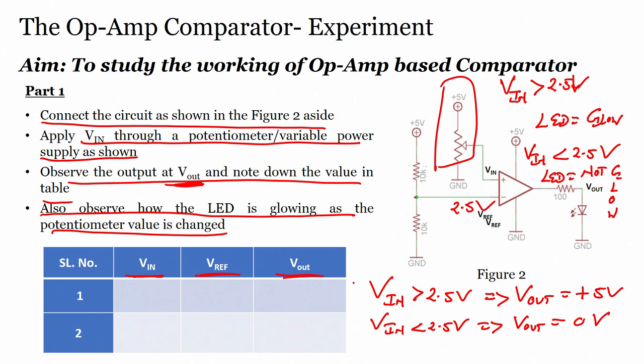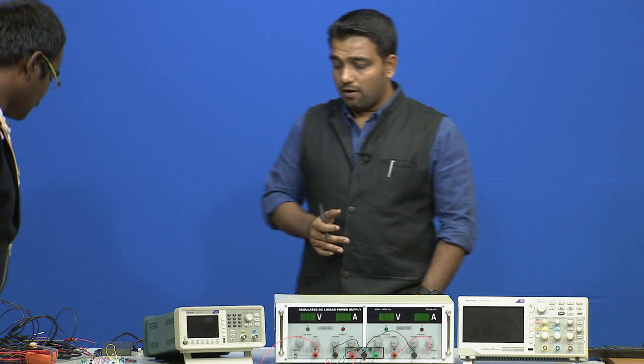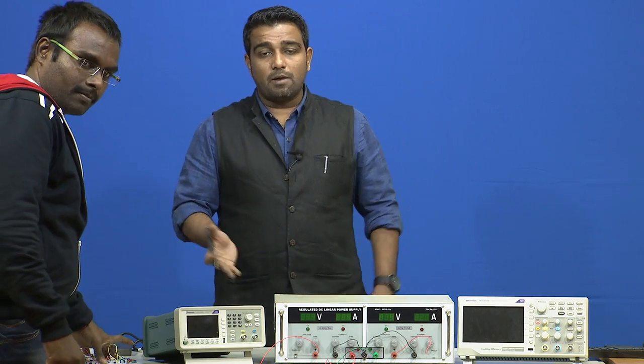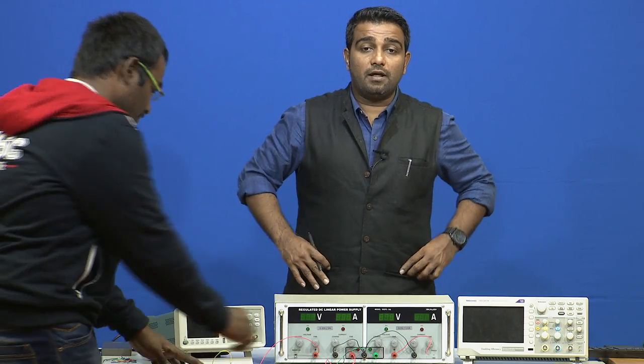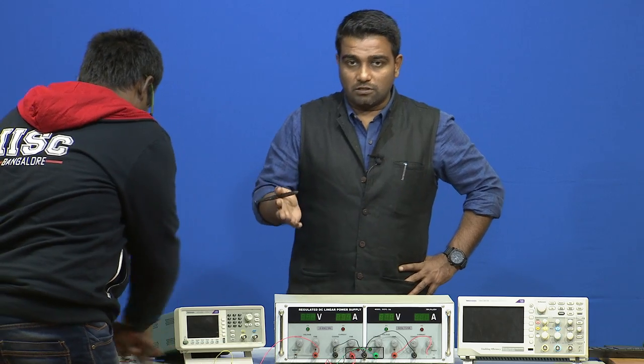So, let us again welcome Sitaram, who will help us to perform this particular experiment of a comparator, and we will see how we can use an op amp as a comparator and how this comparator circuit works, alright.